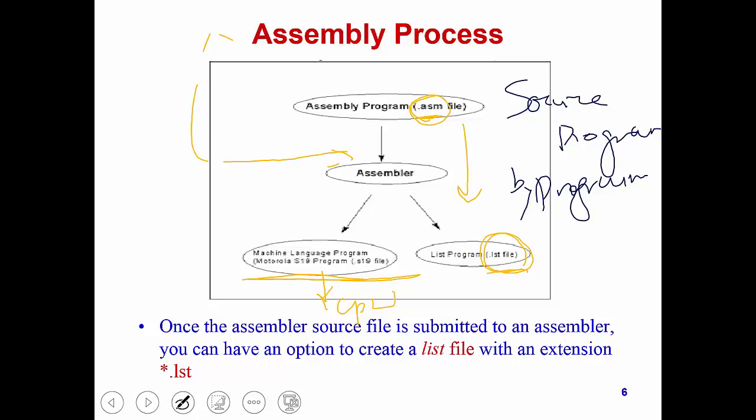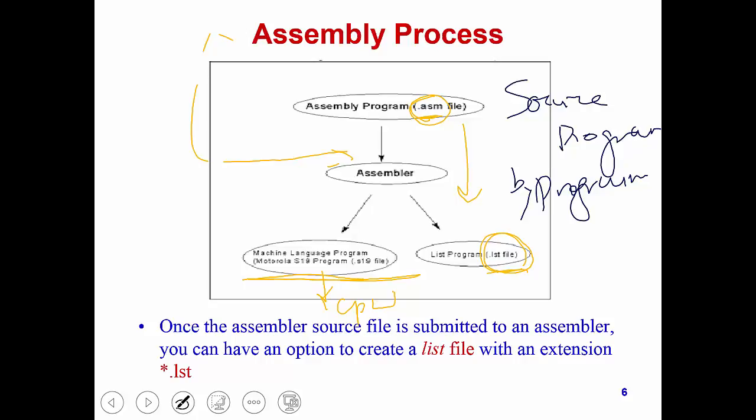The .lst file is optional. It's not run by the CPU. It's mainly used for the debugging process, so the programmer can check what's going on, see where something's wrong, and what happened with each instruction at what machine code and at what memory location.